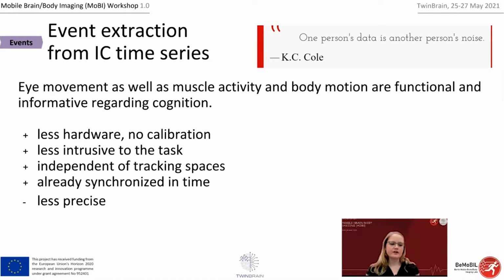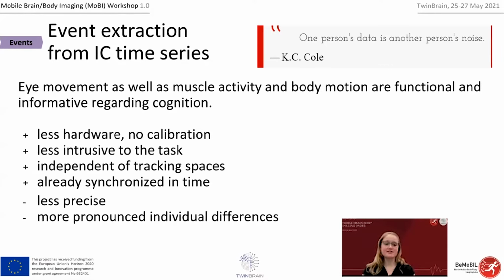And so if you do have motion capture, or if you do have eye tracking glasses alongside, I would always prefer extracting events from those data. So if you have recorded it, or if you are able to record it alongside without putting a lot of additional effort into it, you should just do it.